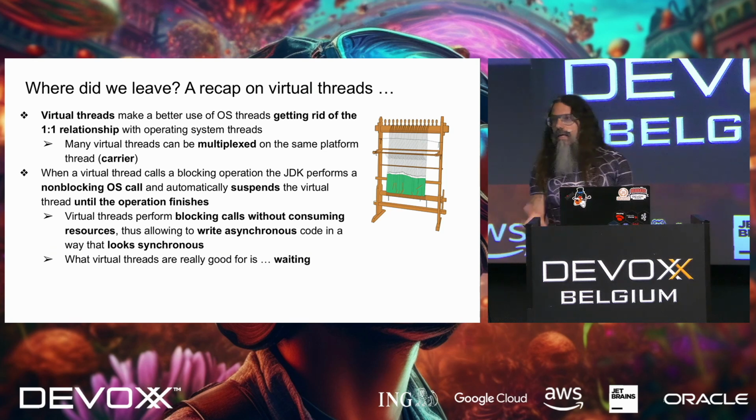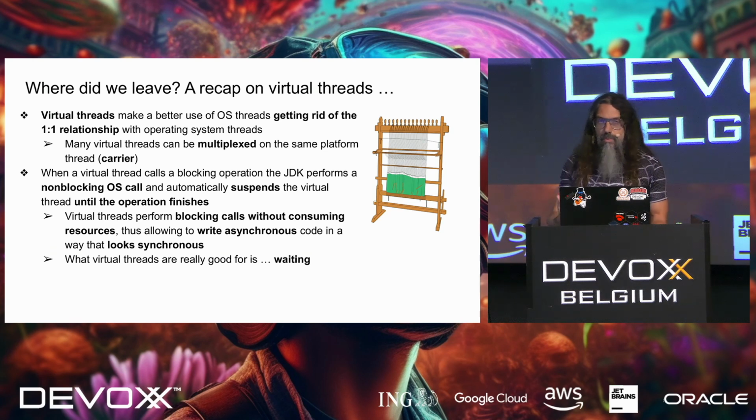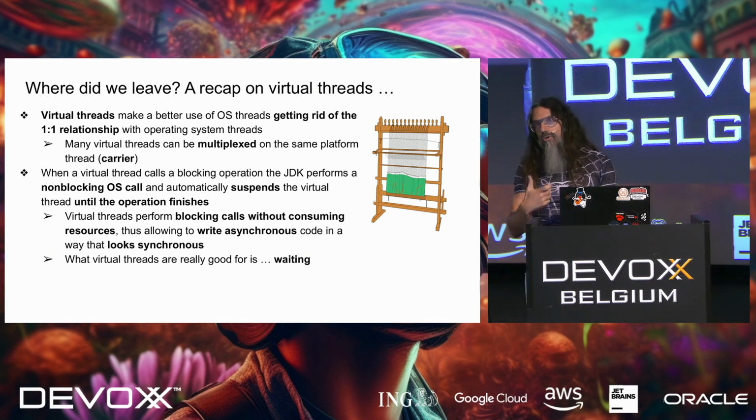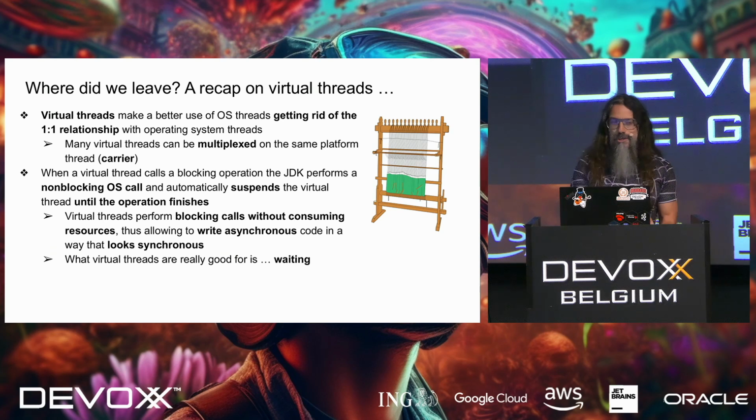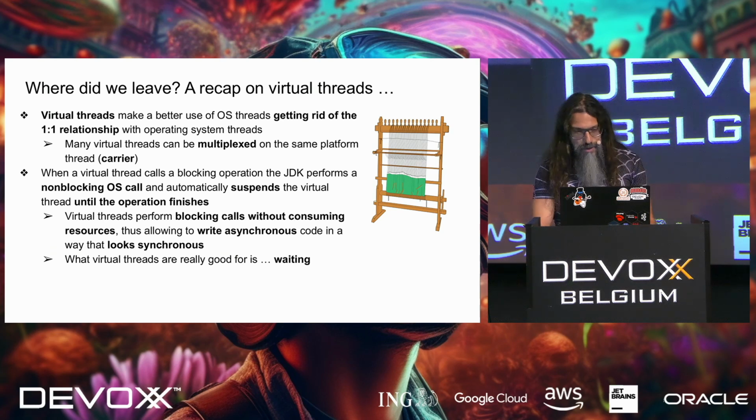These carriers are a specific fork join pool that is provided by the Java virtual machine out of the box, and you cannot change it. Of course, I've tried to change it, and I will demonstrate what happens if you try to, in one of my examples.